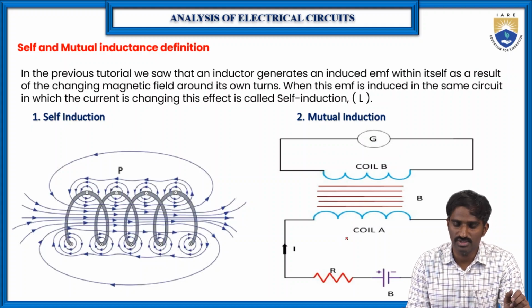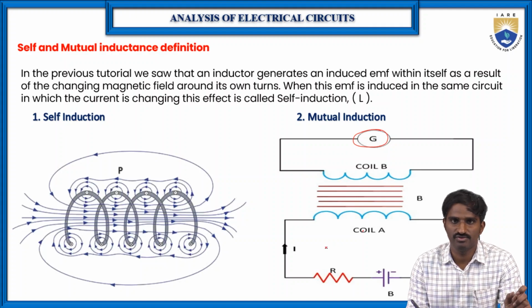In mutual inductance we need two coils: the flux of coil A links with coil B, so that an EMF is induced in coil B, and the EMF is measured with this galvanometer. That is the mutual inductance concept. So, self and mutual inductance.